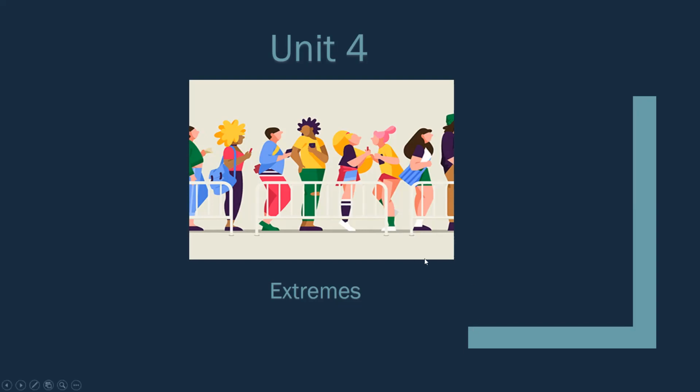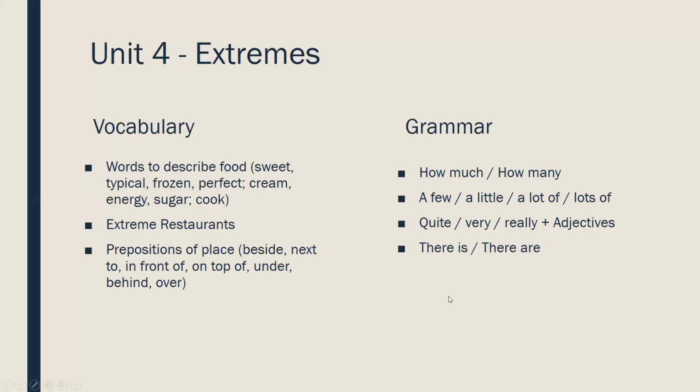But in our lesson, we talked about many other things. We talked about food, and we'll see the language focus, okay, of Unit 4. So in Unit 4, the vocabulary first was about words to describe food. Can you see that? Yeah.